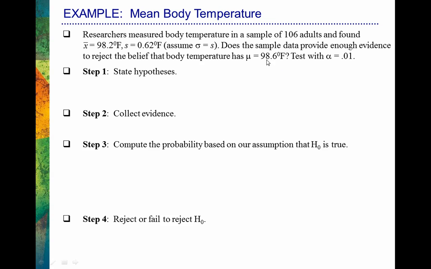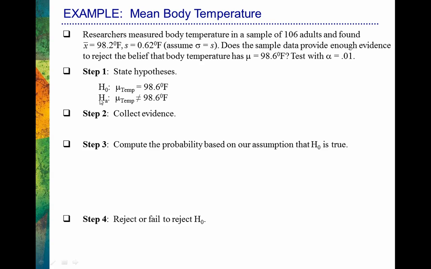Because this is the generally accepted value that we think is a typical average, in this case, body temperature. Because this coincides with medical research, let's test this with an alpha of 0.01. Let's state our hypotheses. Our null hypothesis is that there are no differences between the common standard, the common belief, that the population mean body temperature is equal to 98.6.